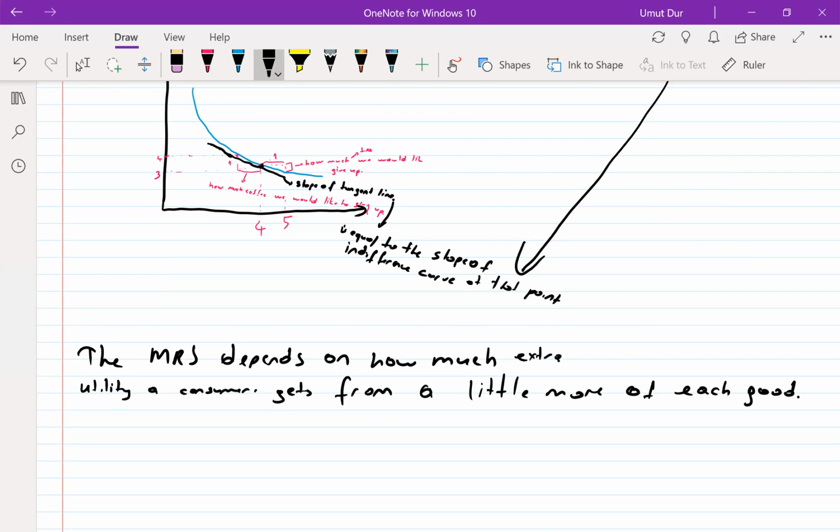So basically it is related to the extra utility, which we will call the marginal utility, that we are getting from consumption of each good.